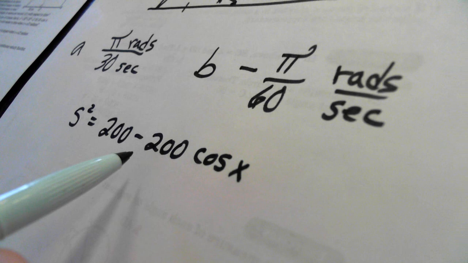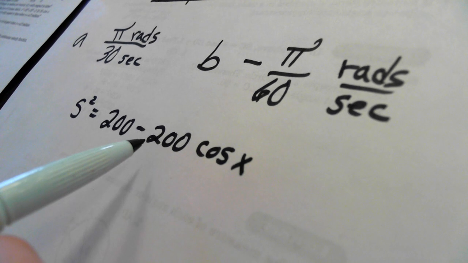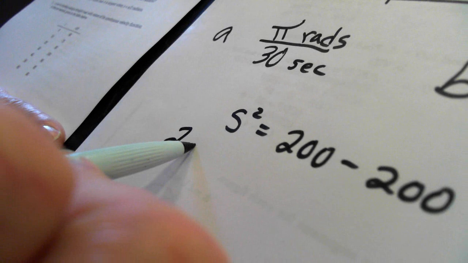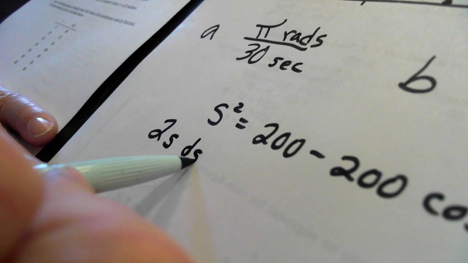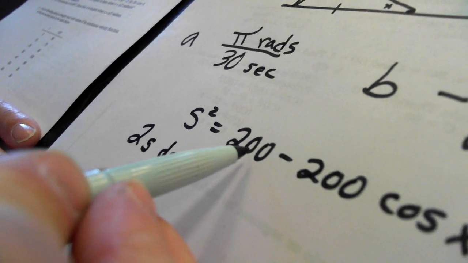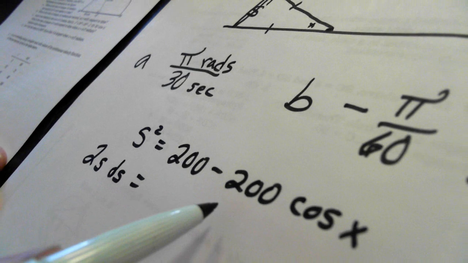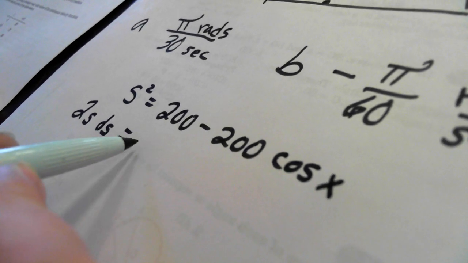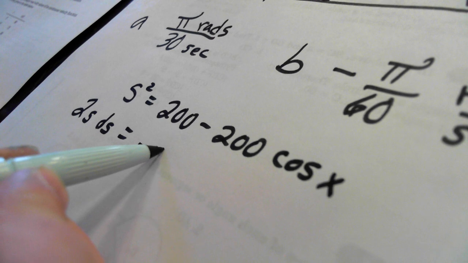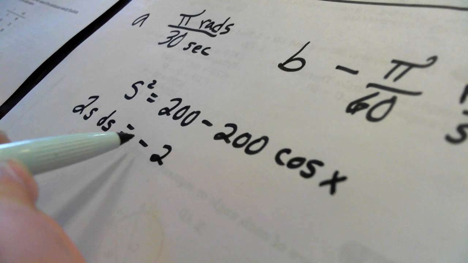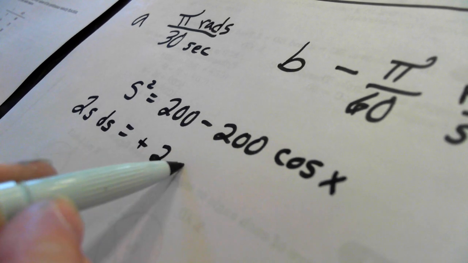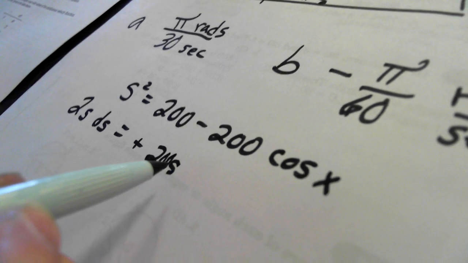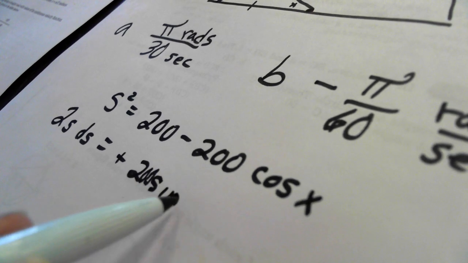And then they want to talk about rate of change. Well, this is where you should do that implicit derivative and do 2s ds on dt equals, that 200 won't matter. The derivative of negative 200 cosine would be minus, the derivative of cosine is sine, so it's going to be plus, isn't it? 200 sine x.